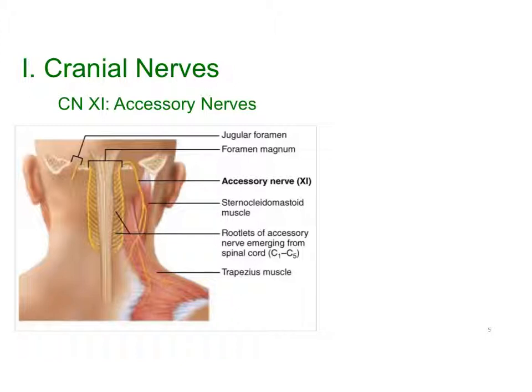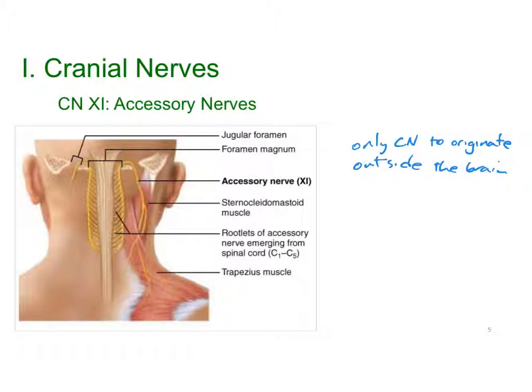The other cranial nerve that I would like to highlight is the accessory nerve, and that's because this is the only cranial nerve that originates outside the brain. Other than that, it is very similar to the rest of the cranial nerves.